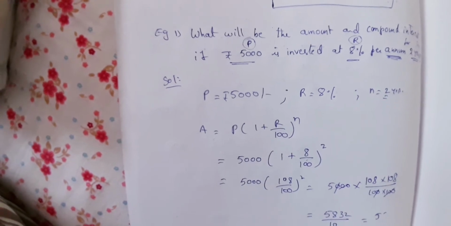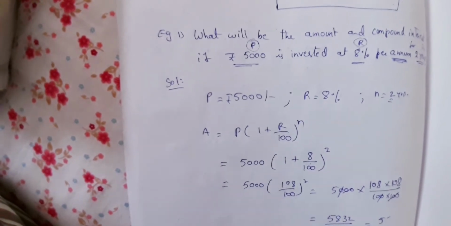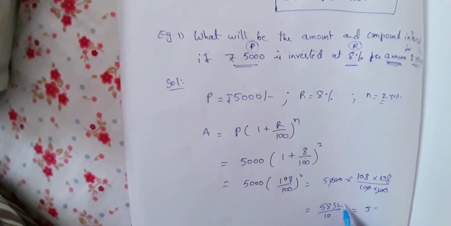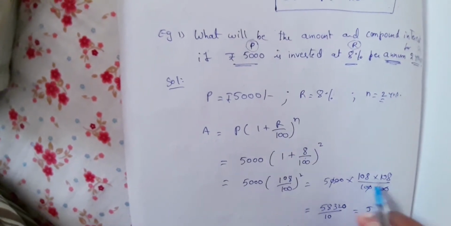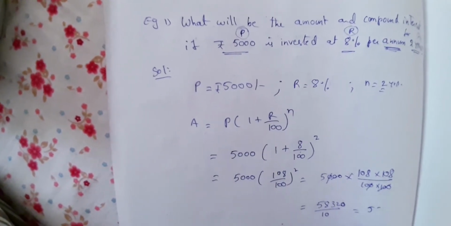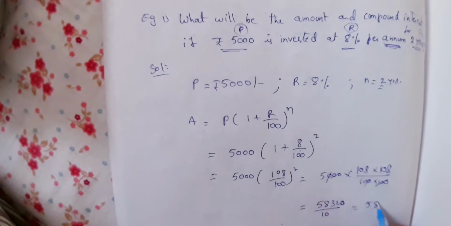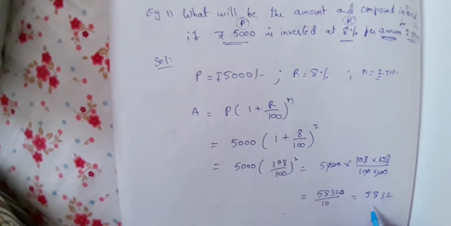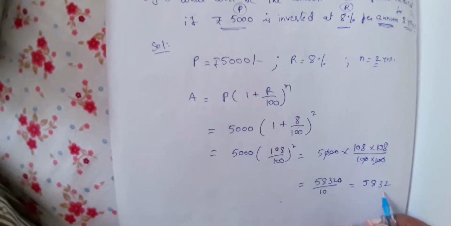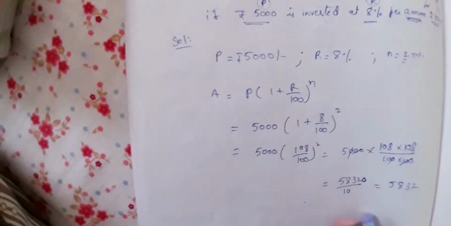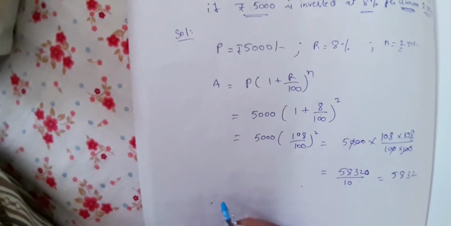We are right only. 8 8 the 64. Yes. So 58,320 by 10, that is 5,832. So what is that? We got the amount to be 5,832. So therefore what is asked in the problem?